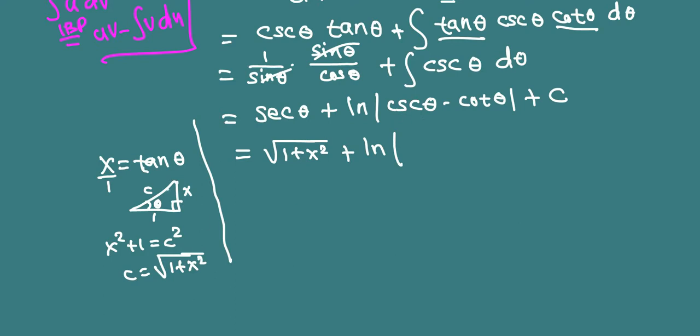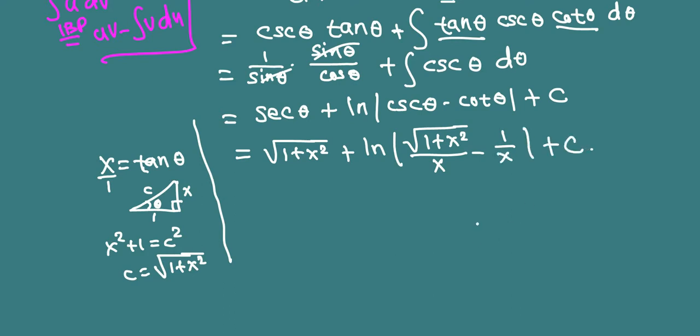Sine in this right triangle is x over c, so cosecant is c over x. c is root 1 plus x squared, over x, minus cotangent. Cotangent is the reciprocal of tangent. Tangent is x over 1, so cotangent is 1 over x. So 1 over x plus c.